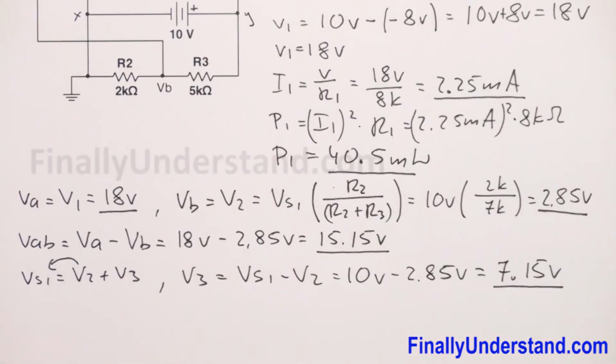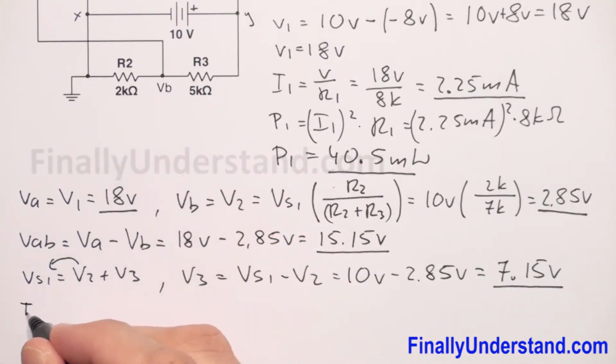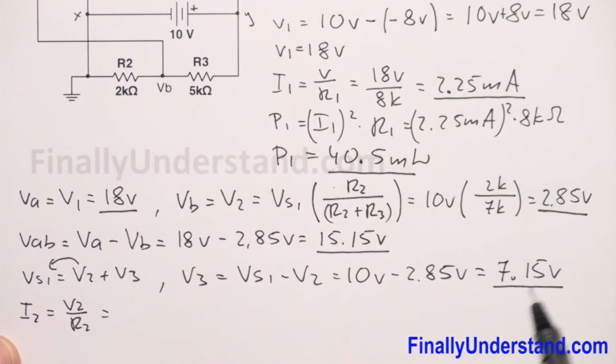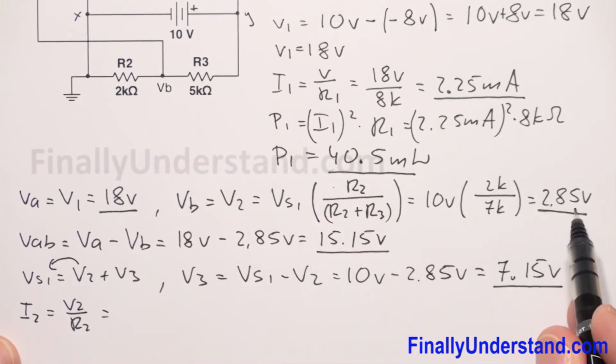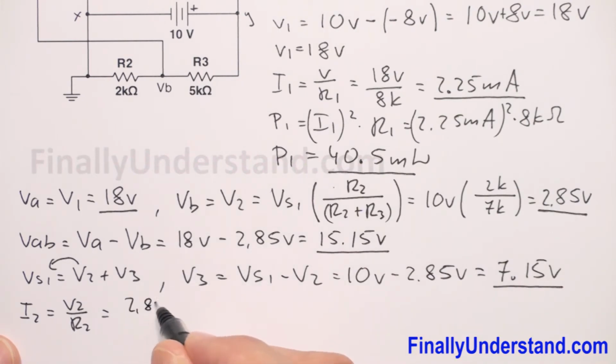So next we're supposed to find the current I2. Okay, I2 is the current which will go through this resistor. So I have I2 is equal V2 over R2. I'm supposed to use Ohm's law, where V2 we found is equal 2.85 volts. So I have 2.85 volts over R2, 2 kilo ohms, right?